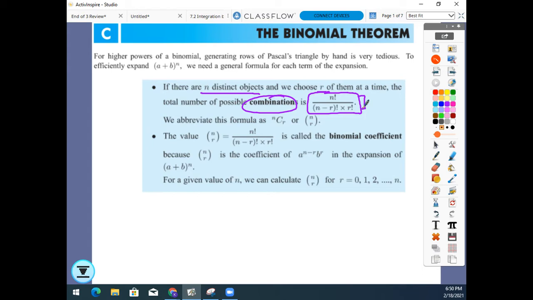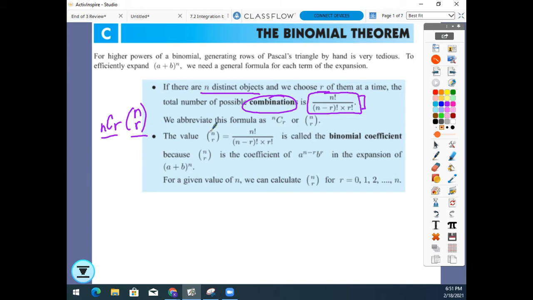Now, there are a couple of different ways we can notate this. I put the n down at the bottom, nCr, or in parentheses, n choose r, up and down. And you can actually do these on your calculator, and I will show you how to do that.